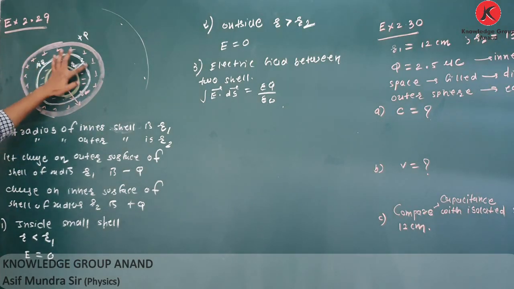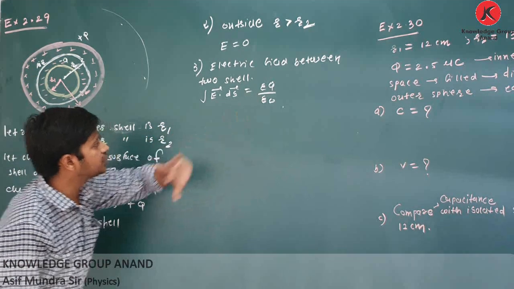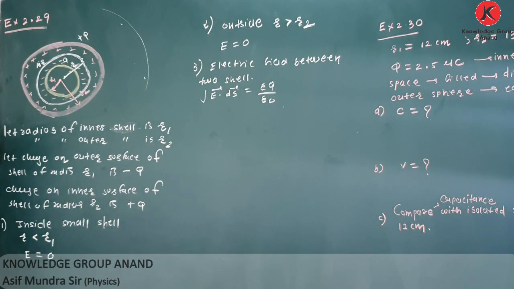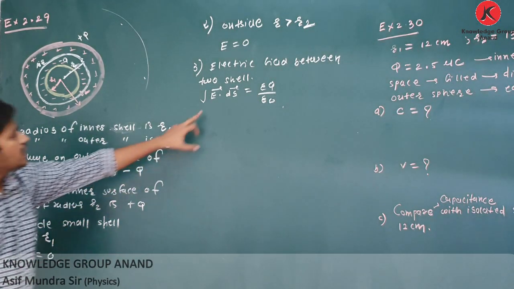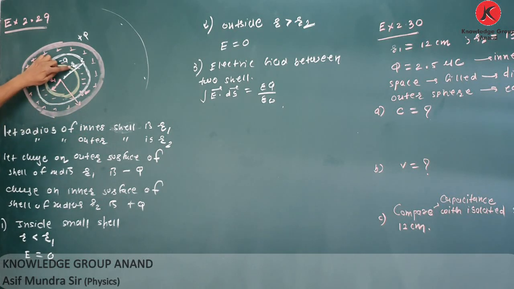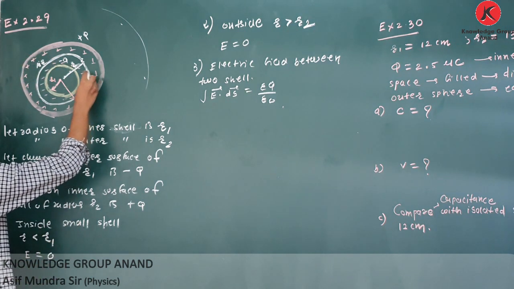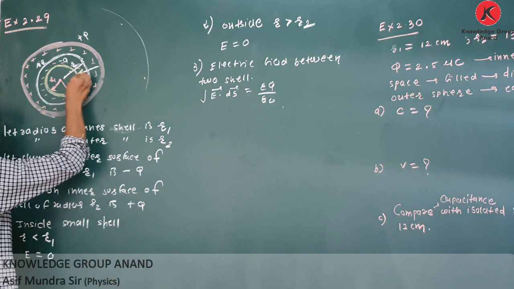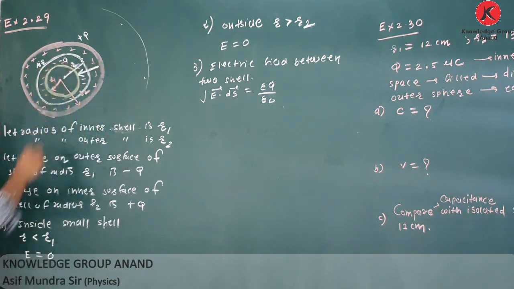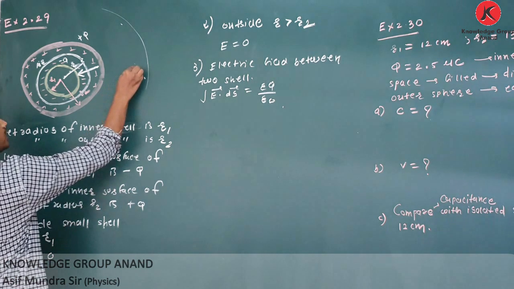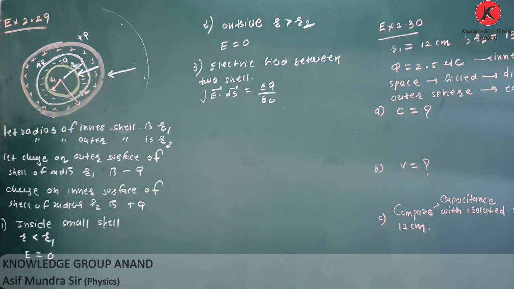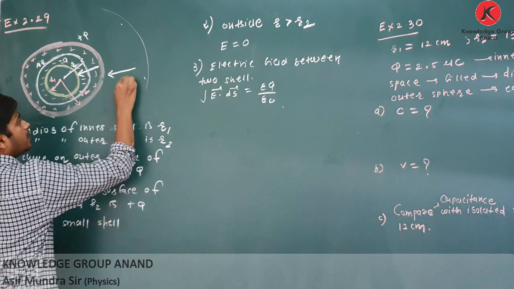for this Gaussian surface, we will find flux with the help of this equation. First of all, see, as it is negative charge, and we know that electric field is from positive to negative, means electric field is in this direction, inside.